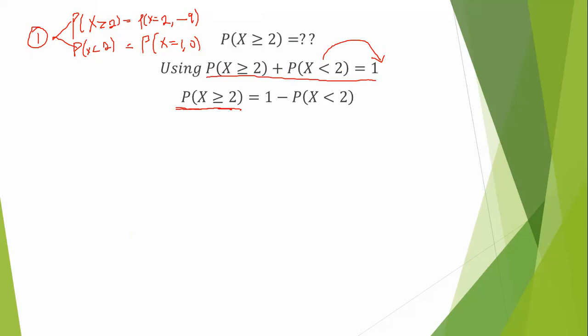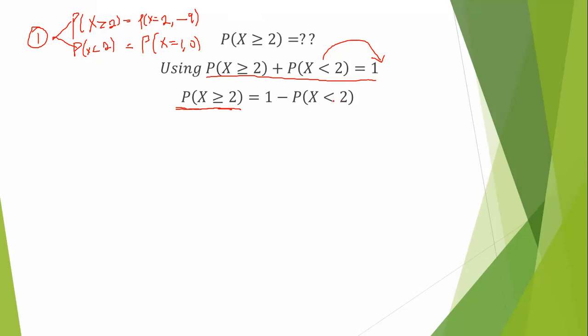Like I take a little time to do it rather than finding probability of x equaling to 2, x equaling to 3, x equaling to 4, x equaling to 5 until I get to 9, which would be time consuming.